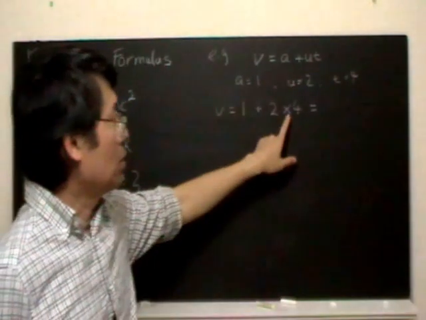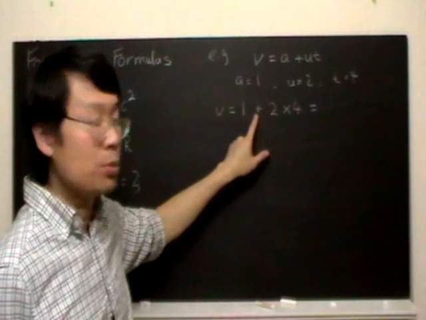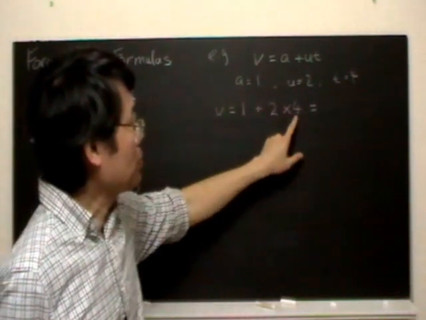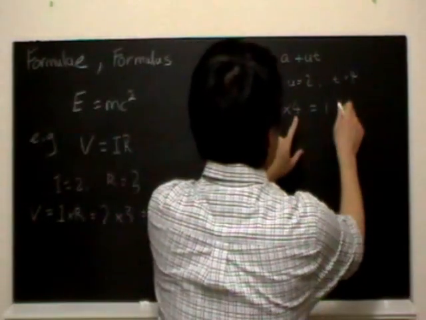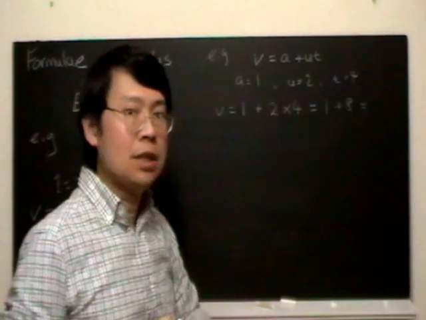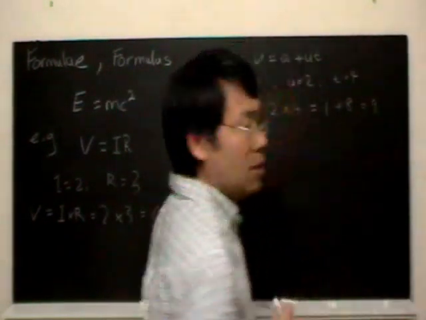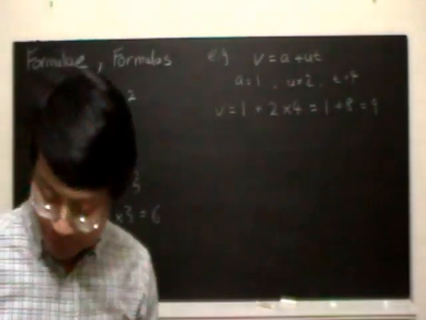We have to do the multiply first before the plus. So 2 times 4 is 8. And 1 plus 8 is 9. There, we have our answer.